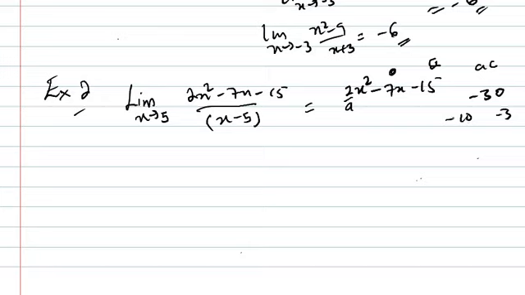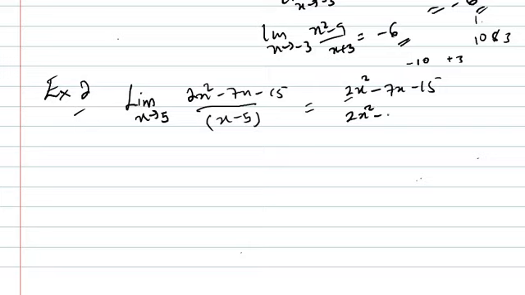Let's use signs. If you see, the numbers are 10 and 3. If you say minus 10 plus 3, it will give us negative 7. So we can say 2x squared minus 10x plus 3x minus 15.